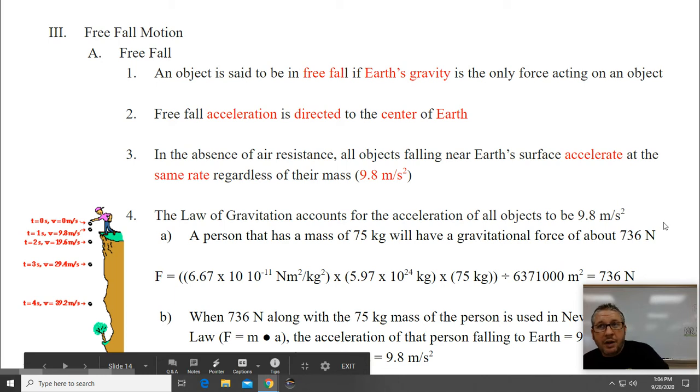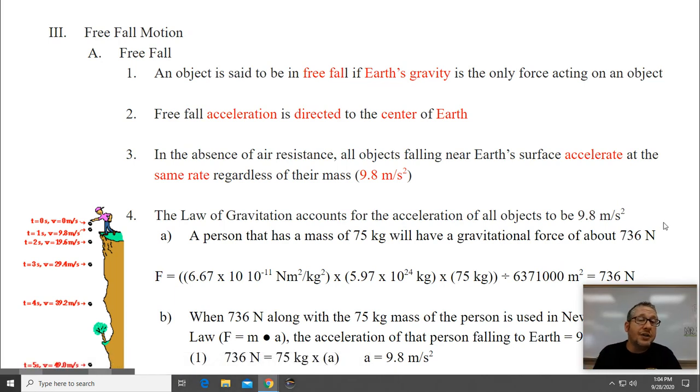So the law of universal gravitation gives us our value for gravitational free fall, 9.8 meters per second squared. That's why it's an important formula.